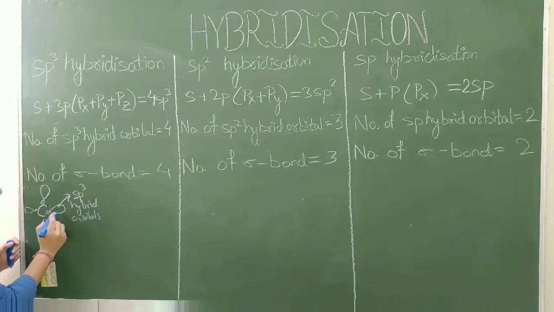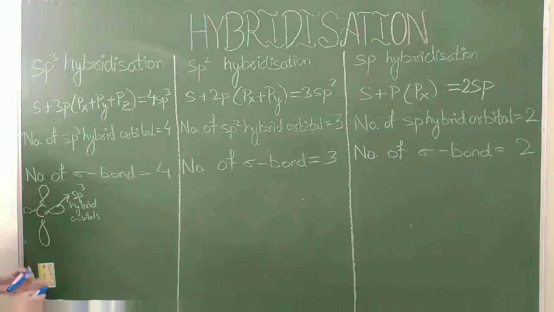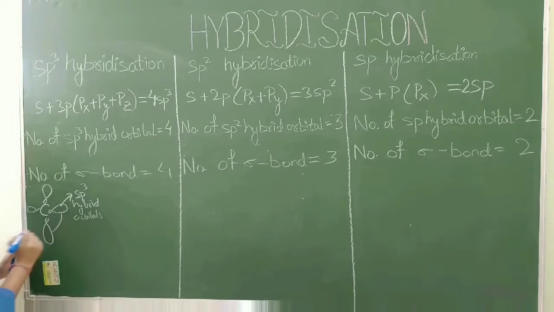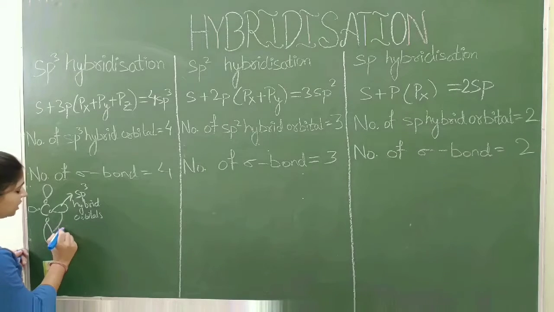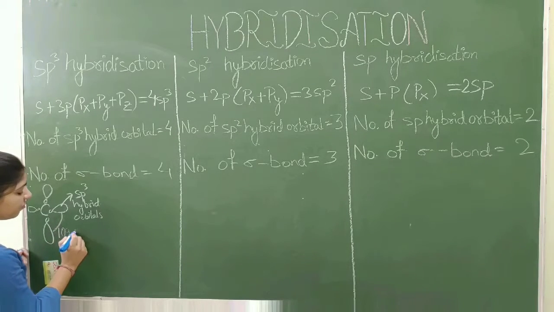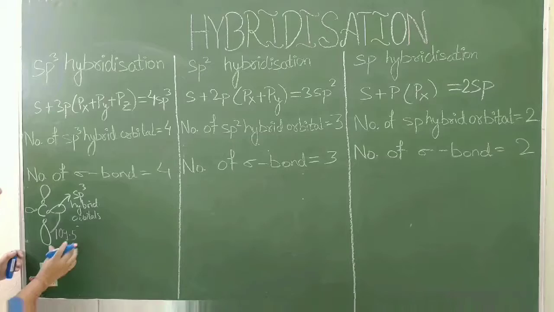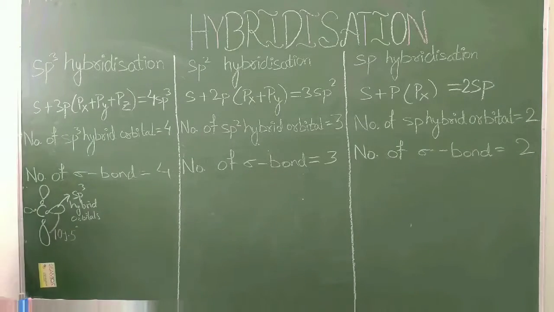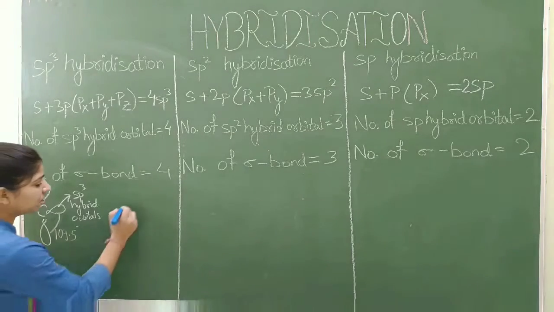Okay, and the bond angle between two bonds is equal to 109.5 degree. So due to the bond angle 109.5 degree, the geometry is tetrahedral.